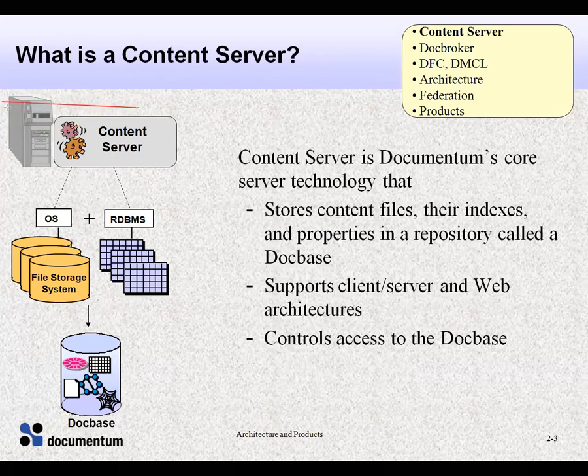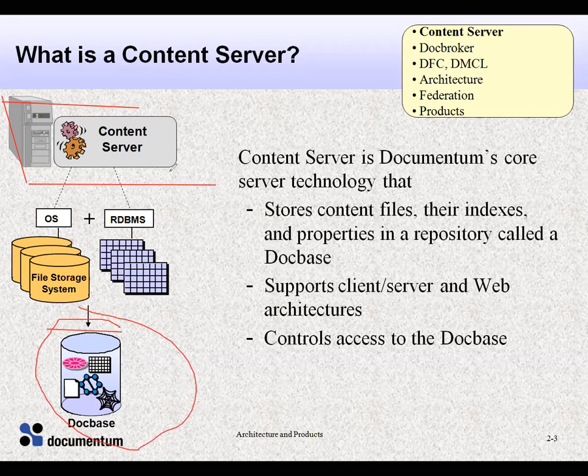This is a physical machine, a physical server, and internally it has a docbase. The docbase is where our metadata goes. Generally, one content server, one physical machine, has one docbase. But for higher availability, let's say we have too much load on the server.